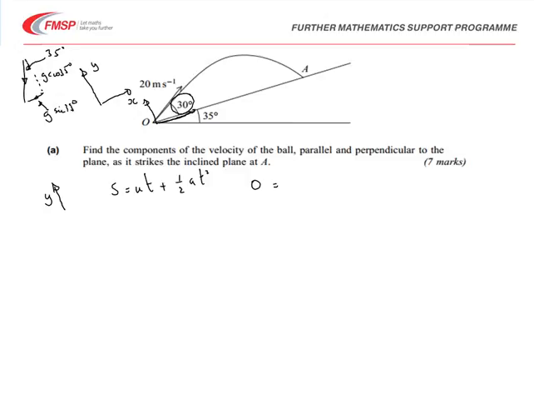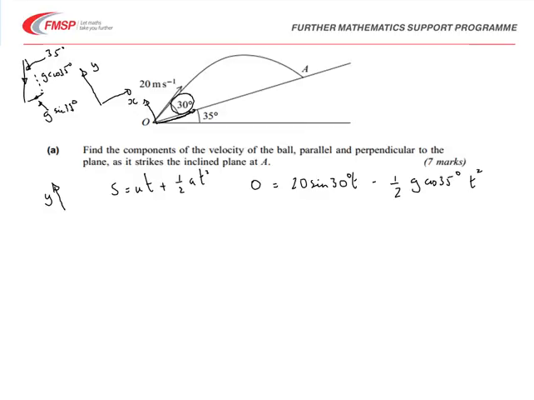Opposite gives us a sine, so we get 20 sine 30 degrees multiplied by t, and then minus 1/2 g cosine 35 degrees multiplied by t squared.